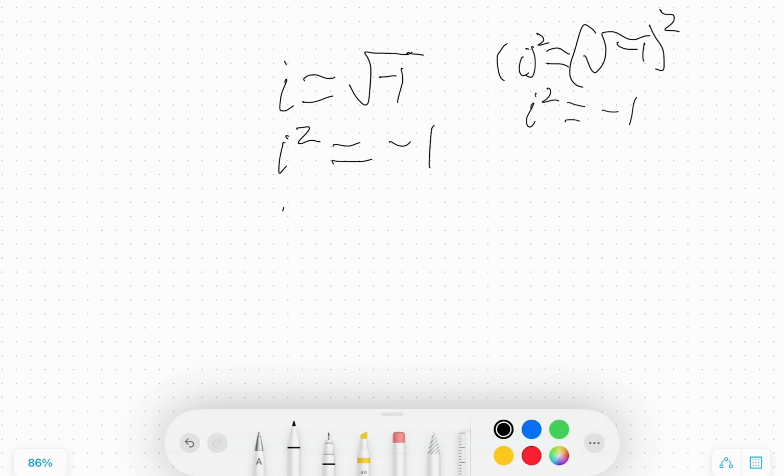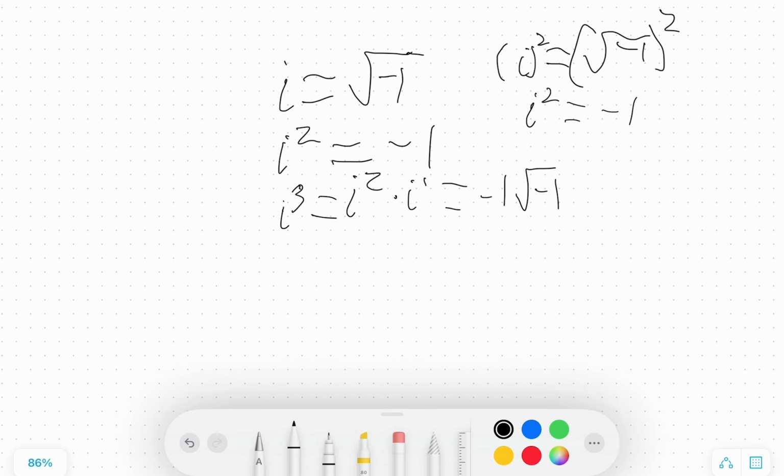And then let's look at i cubed. According to our laws of exponents, i cubed can be rewritten as i squared times i to the first, or i. We know i squared is -1, so I'm going to write -1, and then i to the first power is the square root of -1, or just i.